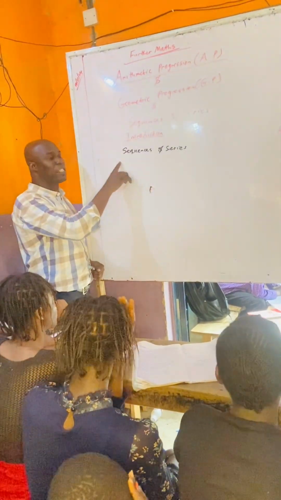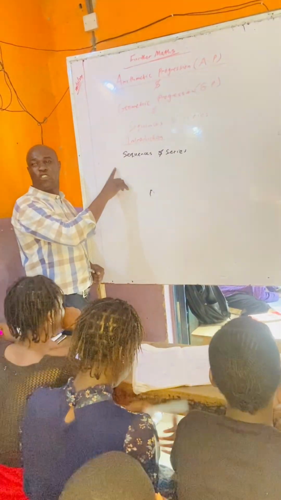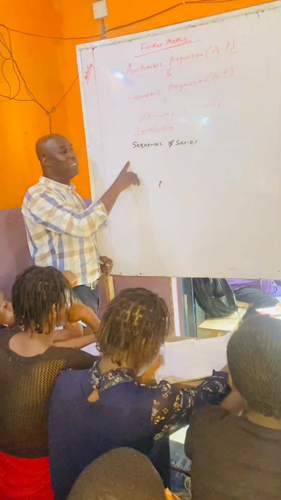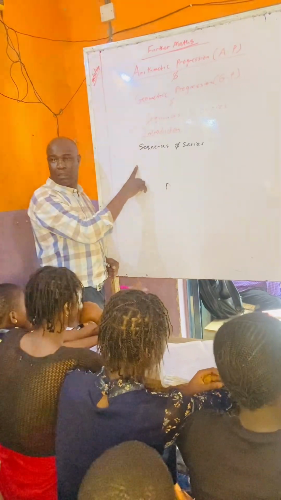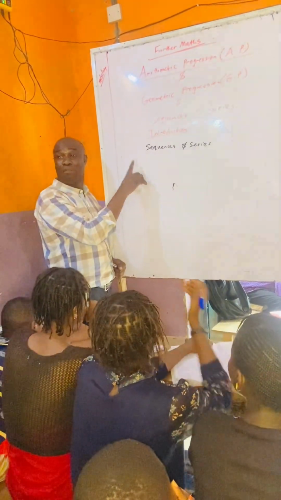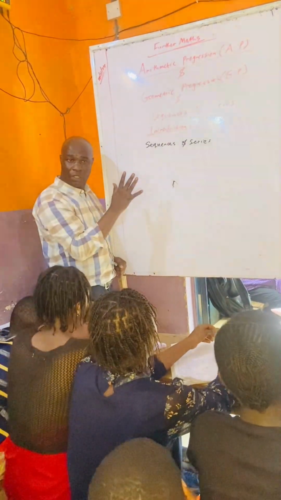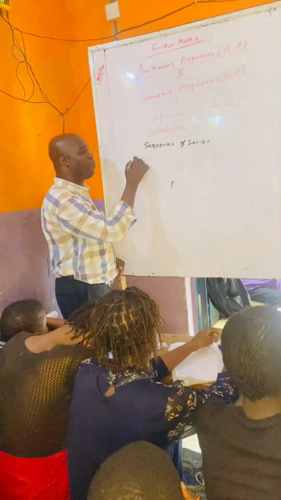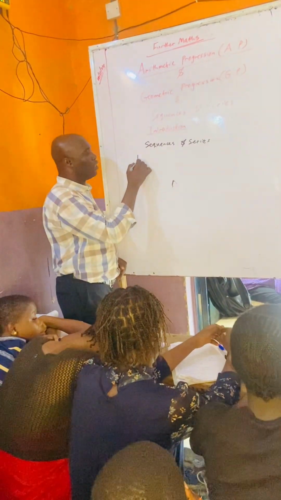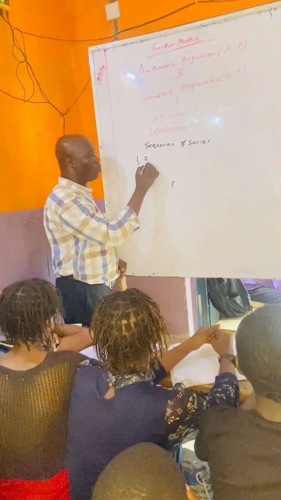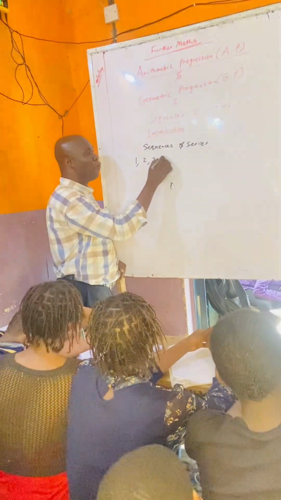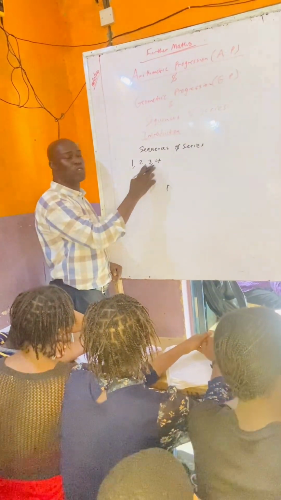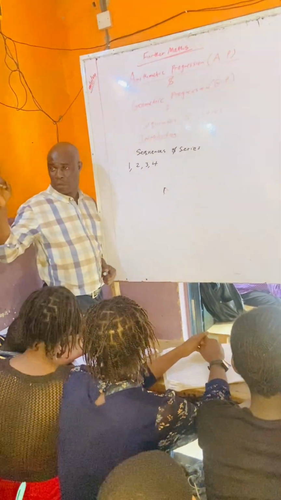For sequences, when numbers are arranged in an orderly manner, well arranged, you can say such a number is a sequence. Like when I have 1, the next one is what? 2, 3, 4. It is orderly because the difference in between all these numbers is what? 1.